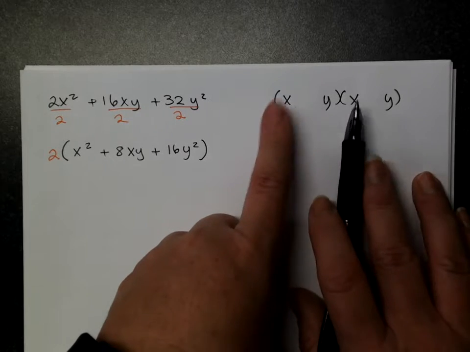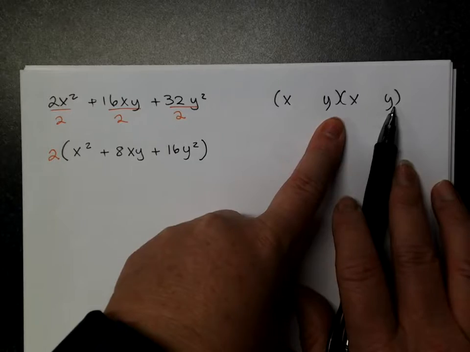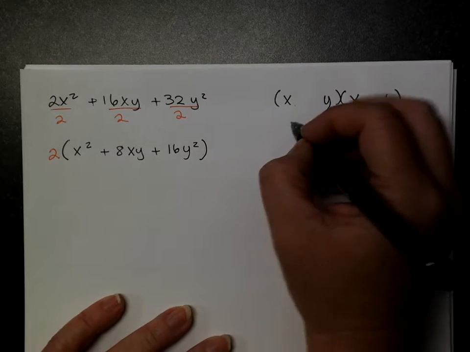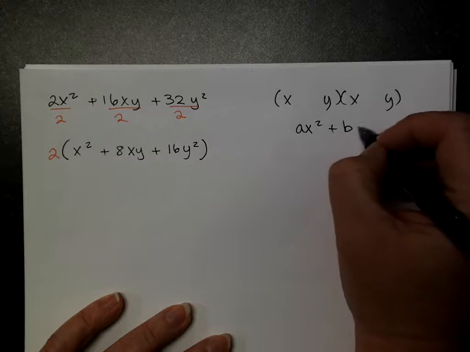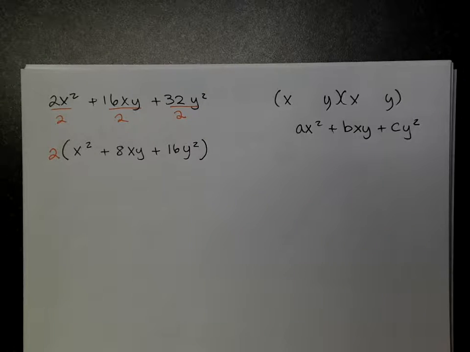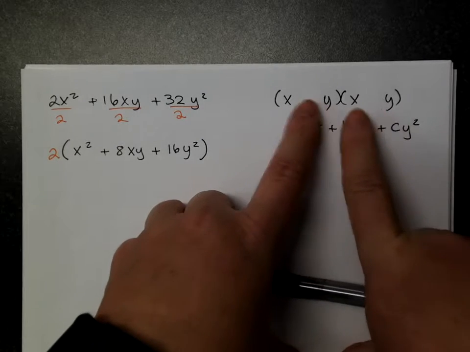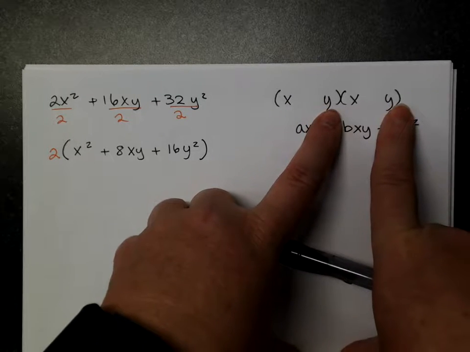So x squared plus xy plus y squared. This is basically of the form ax squared plus bxy plus cy squared, which is still quadratic. It's just instead of x's plus or minus numbers, you have x's plus or minus something y.